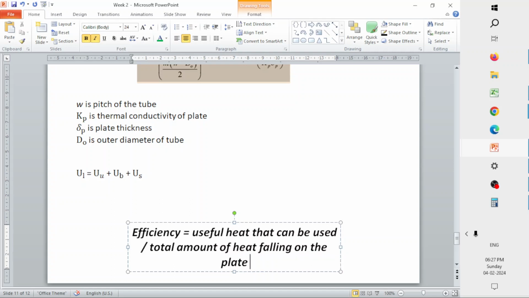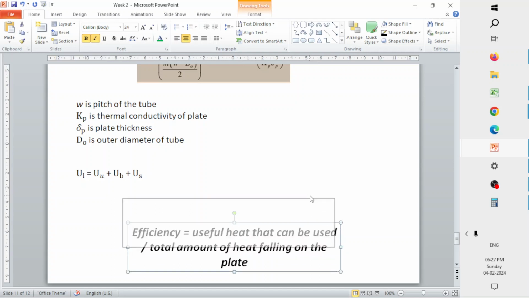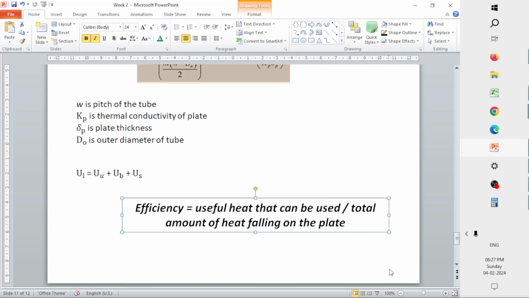So now you know the expression for the efficiency. Can anybody at least now tell what could be the formula for that?